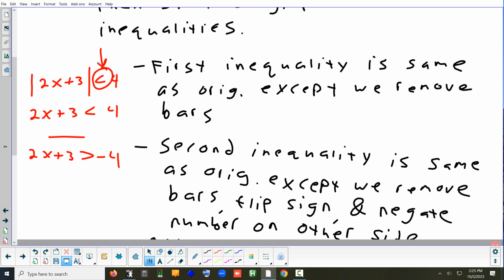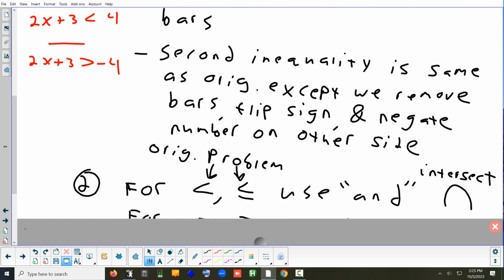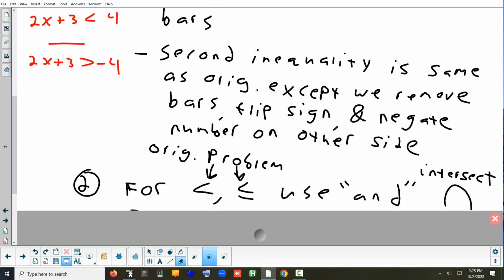You look at that inequality symbol. If the original problem has a less than, or a less than or equal to, you need to write the word and between the two things you just split into.